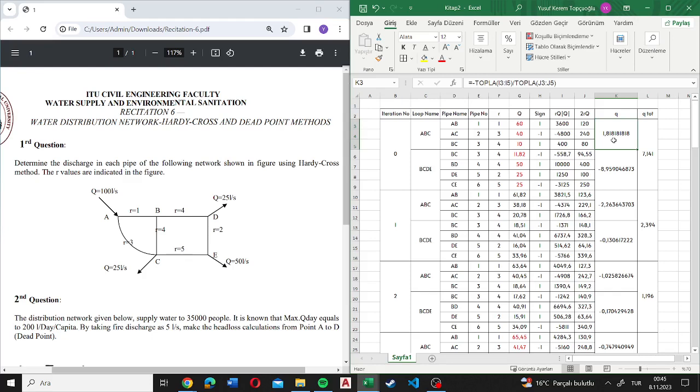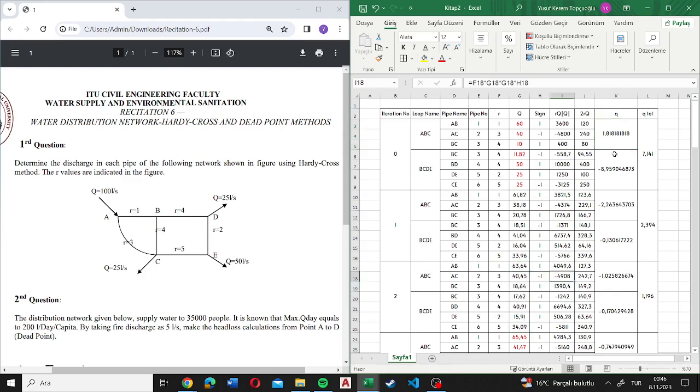If the Q value is lesser than 1, it means we have discharge values really close to the real discharge values for the pipes. So this assumption is not bad, but it means we have 2 steps of iteration to come closer to the real discharge values.